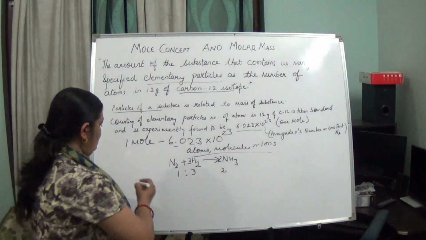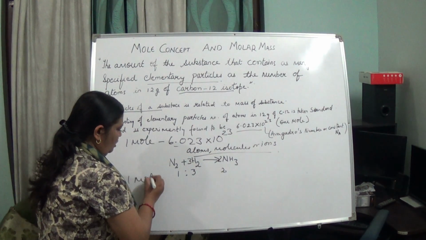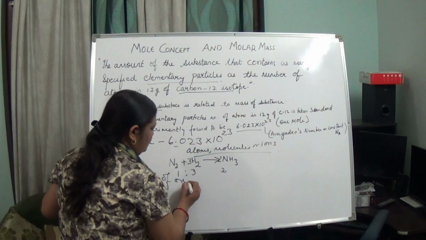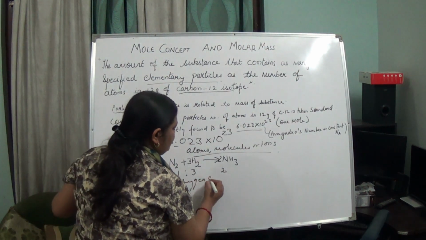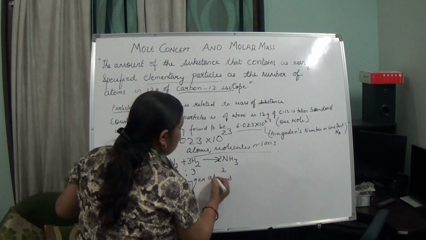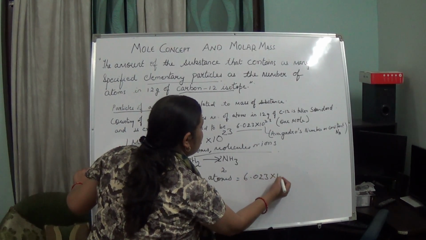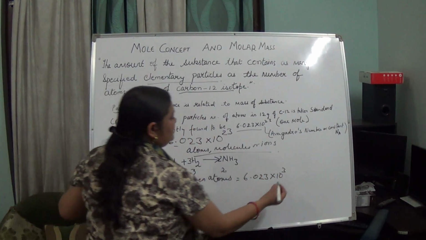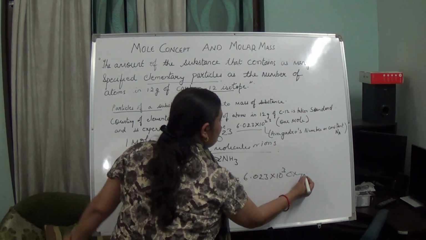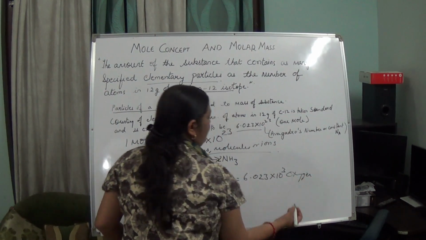Suppose we say 1 mole of oxygen atoms, it becomes 6.023 into 10 to the power 23 oxygen atoms.